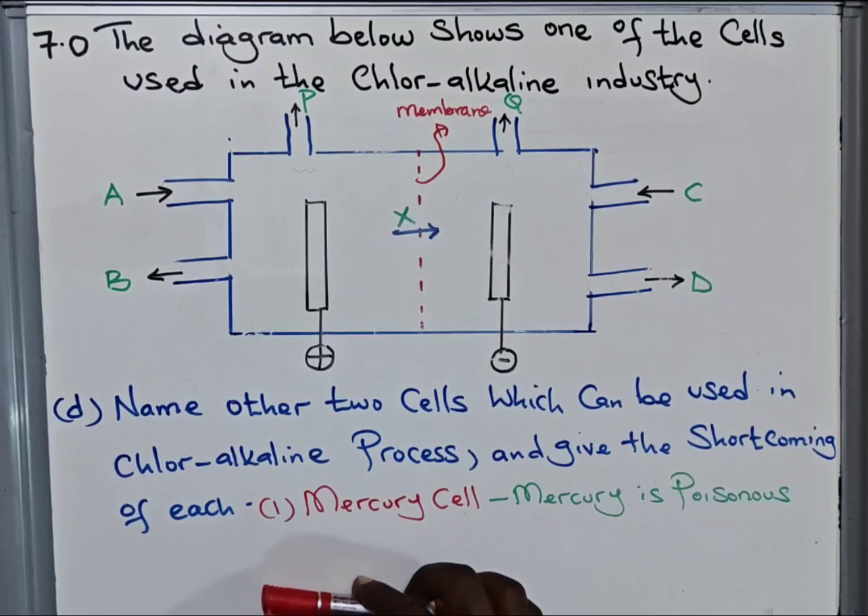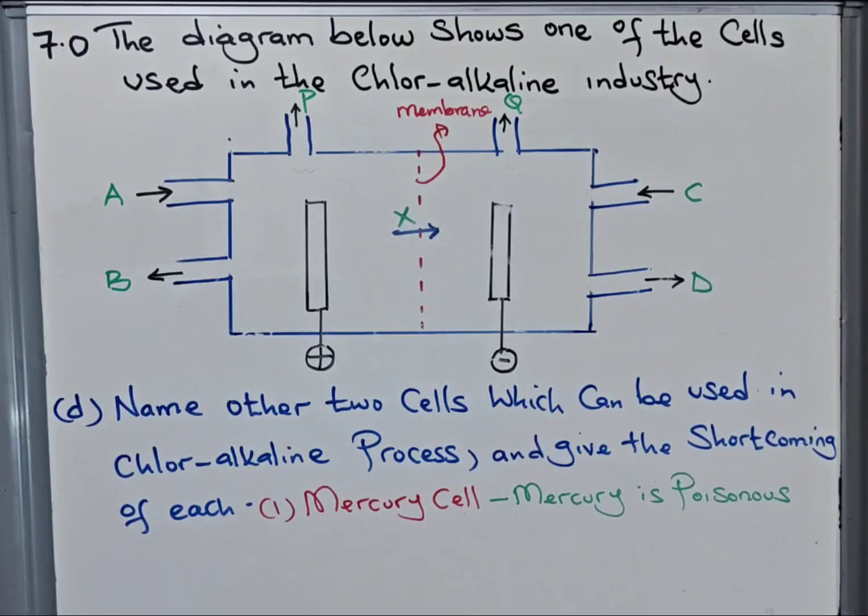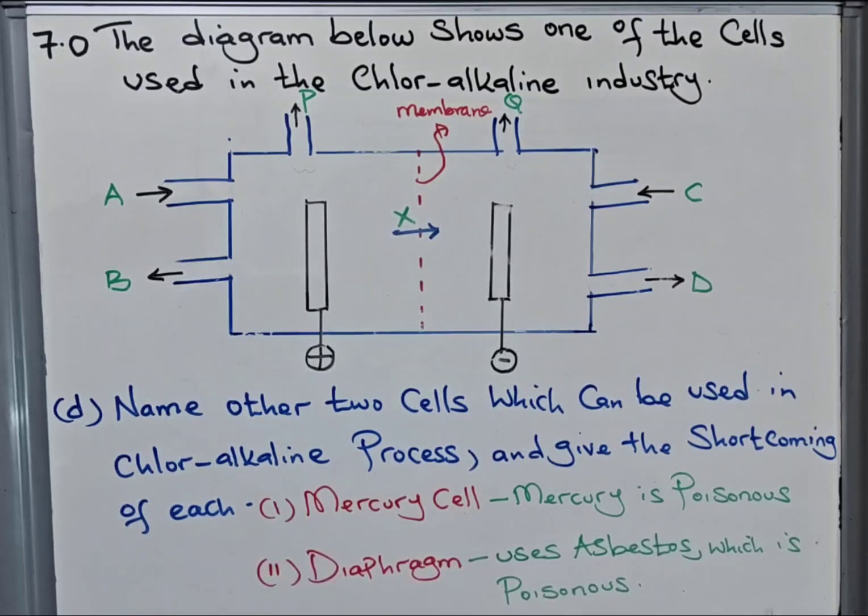Then another cell is called diaphragm cell. Diaphragm uses asbestos, and asbestos is also poisonous. It causes lung issues, which we call asbestosis. So you cough to your death.